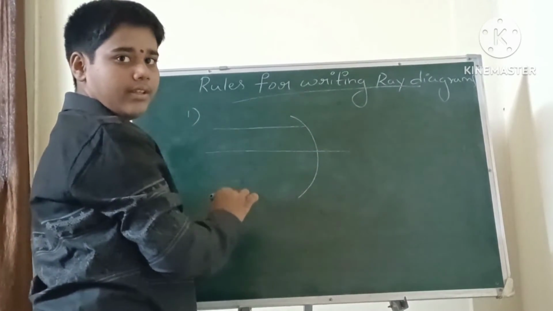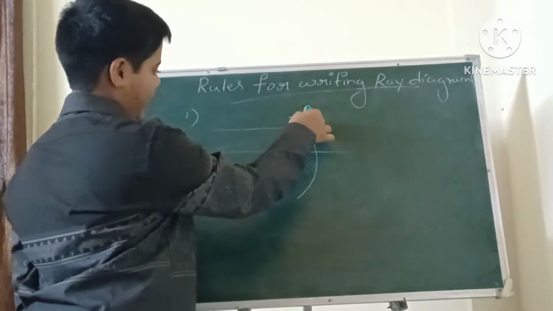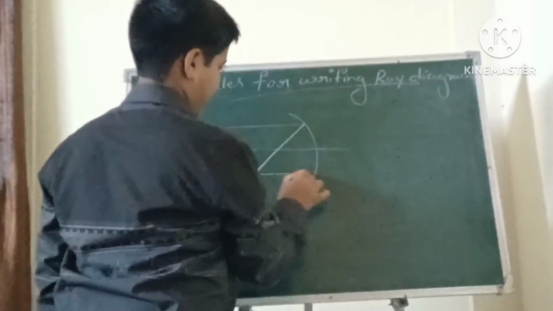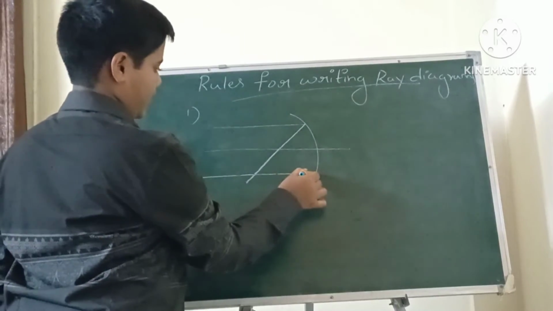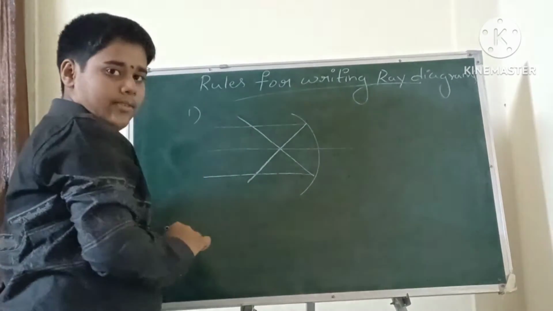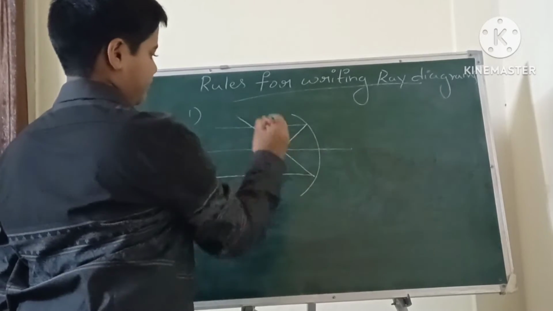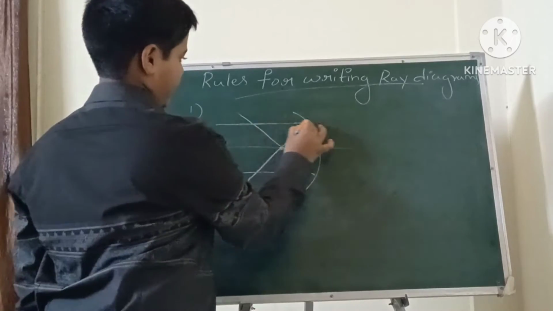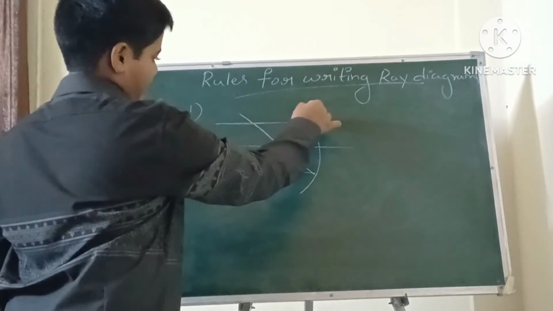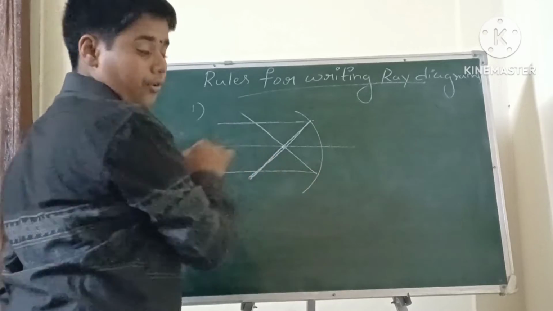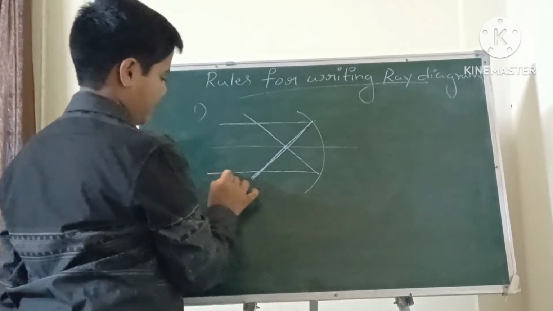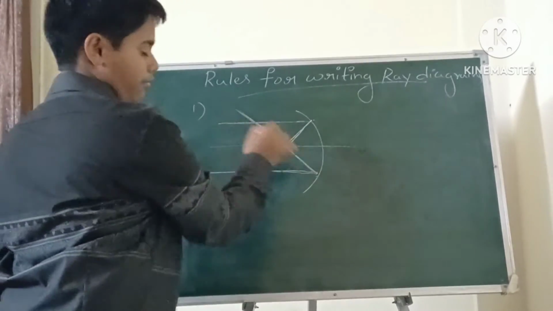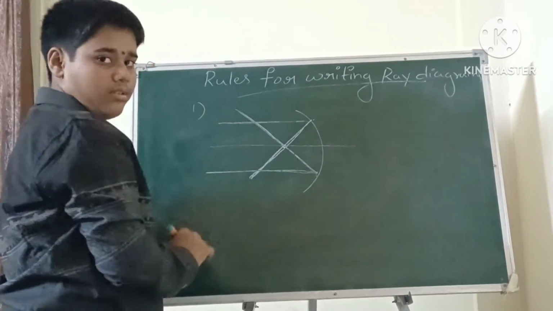Like this, if the incident ray comes, the reflected ray goes through the focus. If the incident ray is given like this, it also goes through the focus. This is the first rule.